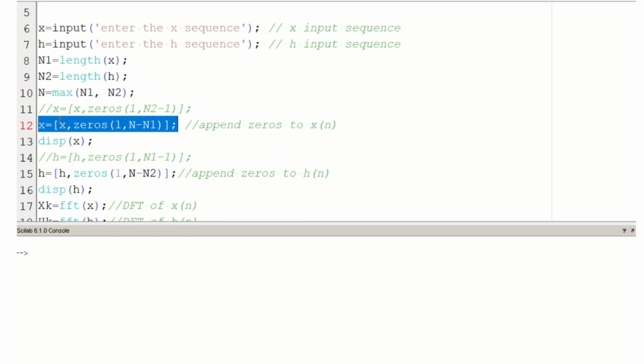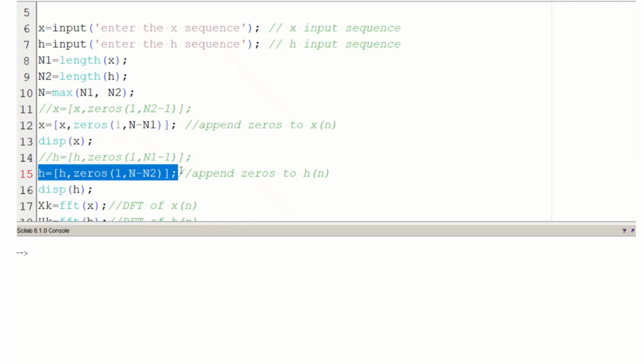Right? So if the length of x is less than n, then we are going to use this representation so that we can make it equal to n. Similarly, it is done for h. The reason is, for the further computation, the length of x as well as the length of h must be the same. Therefore, we are going to adopt these two lines so that we can make both the sequence lengths the same.